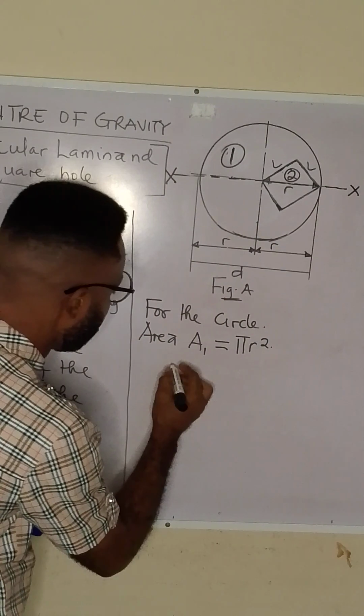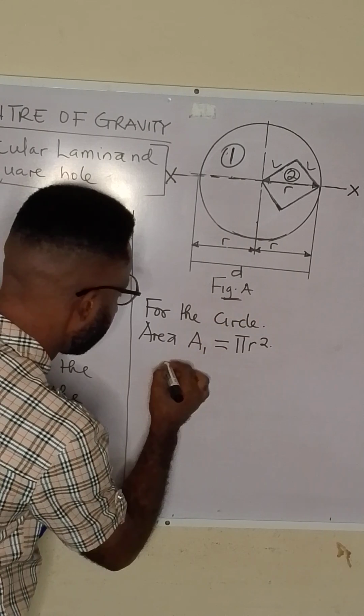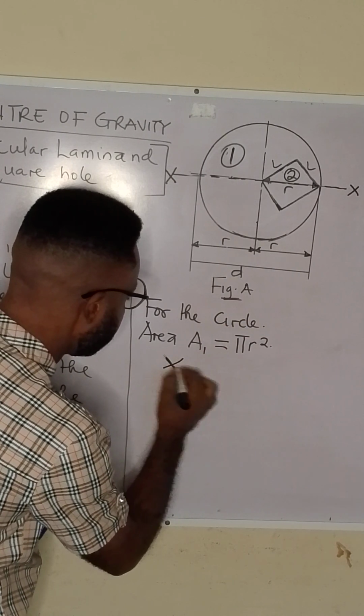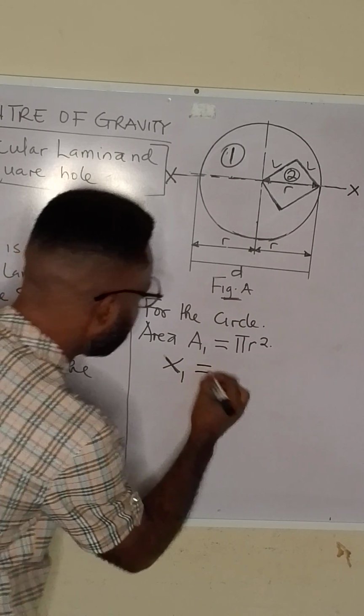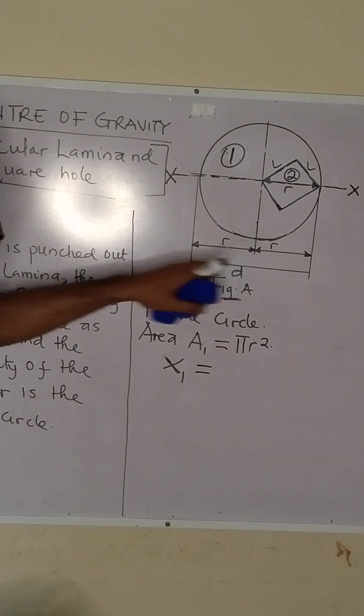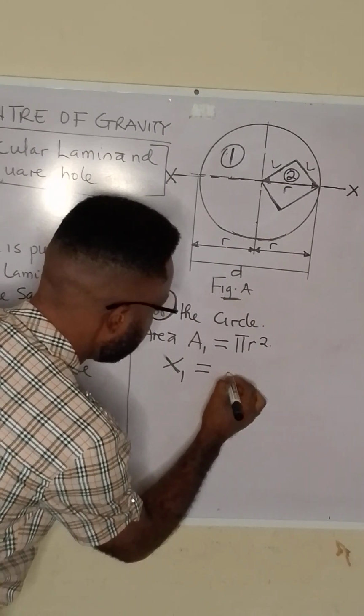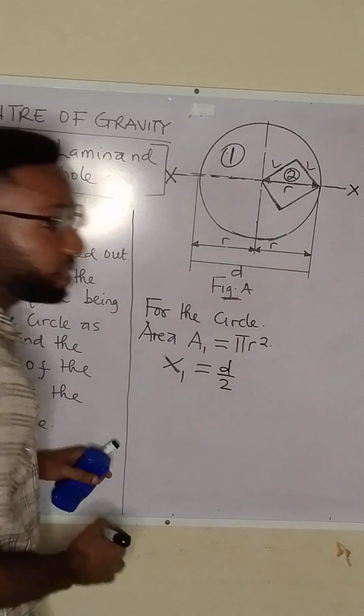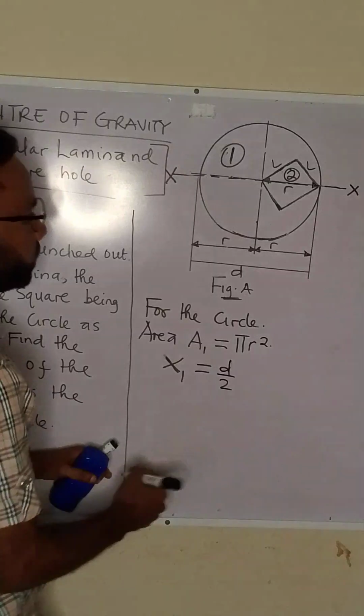So the x1 here for the circle, we know that for the circle, x1 is going to be d over 2. That's the formula, d over 2.